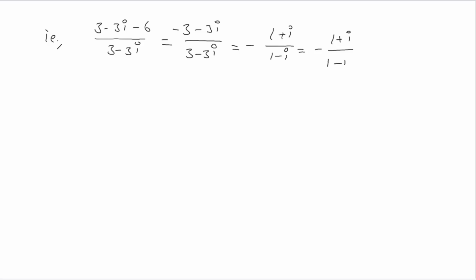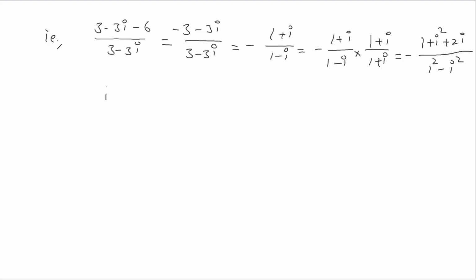Then we get this as minus (1 square plus i square plus 2i) divided by (1 square minus i square), with 1 plus i multiplied here also.